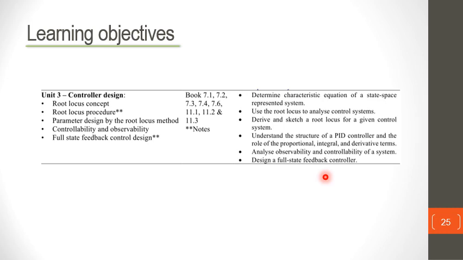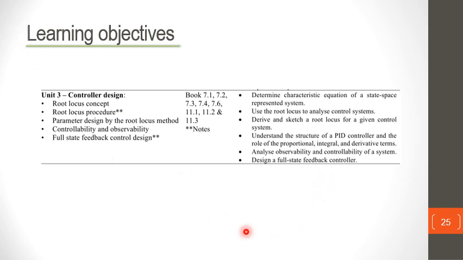And then we have looked at how to determine the characteristic equation and how to use that characteristic equation for root locus analysis of our control systems. We have looked at deriving a sketch for a root locus, and just now we have discussed the structure of the PID controller and the impact of each of those terms on the closed loop control responses.